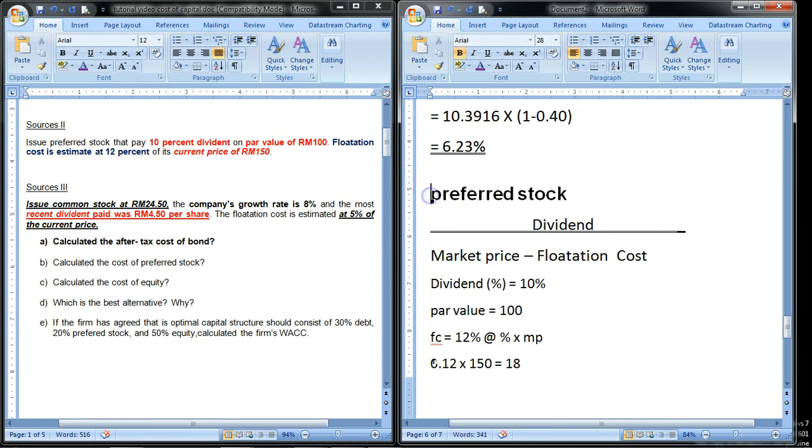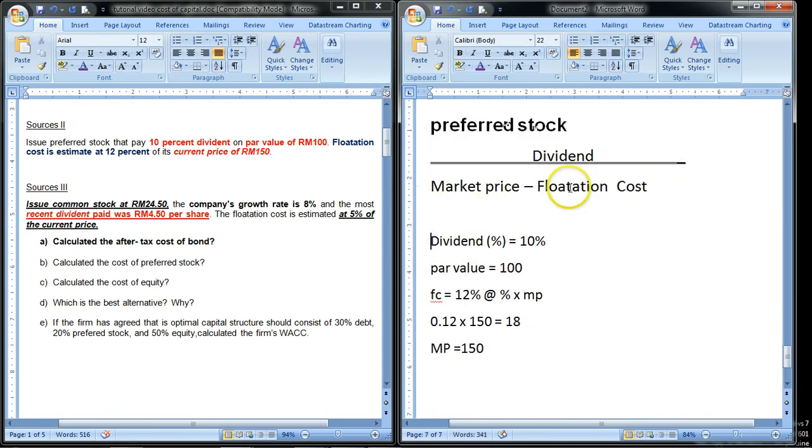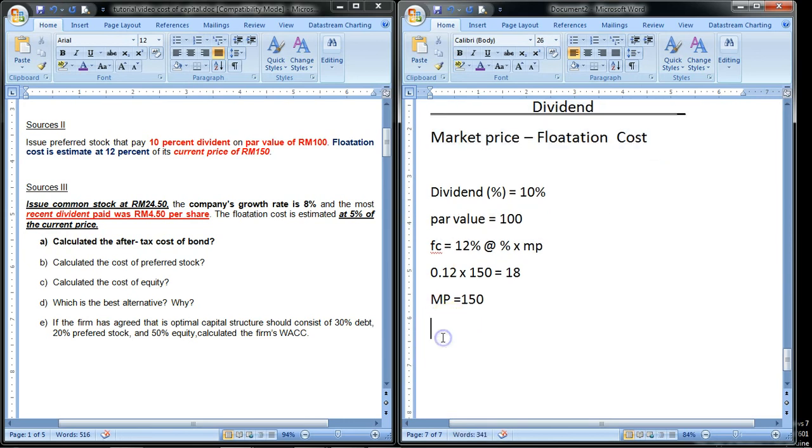Alright, calculating preferred stock now. The problem right now, you must make sure all are in RM. Come, we can try to calculate now. What is your dividend in RM? Now, this is in percentage. So what is the formula for dividend in RM?